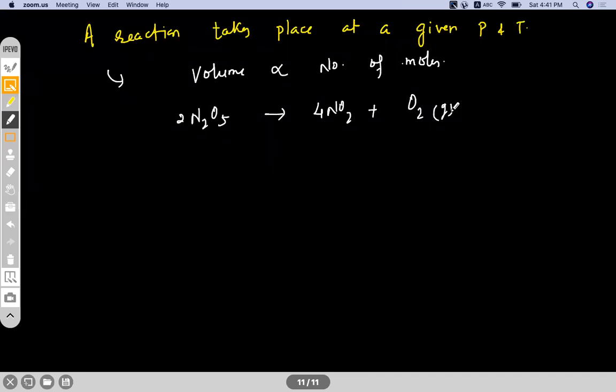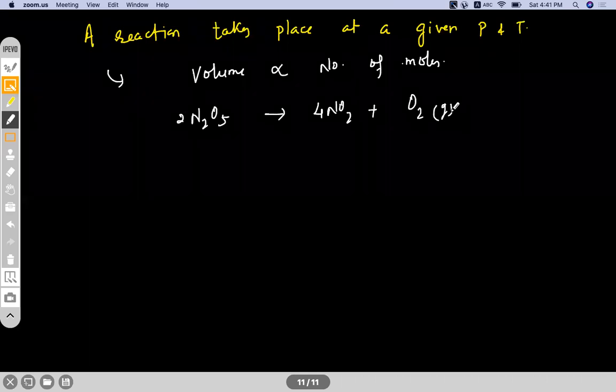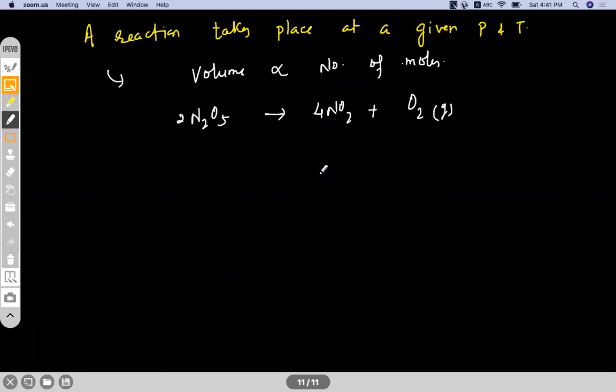Then how do we write down the volume expression for this reaction? Simple. Here you see, we have the initial concentration, I am assuming A naught here, and this is 0. This is 0 initially. At time t equals t, this becomes A naught minus 2x.